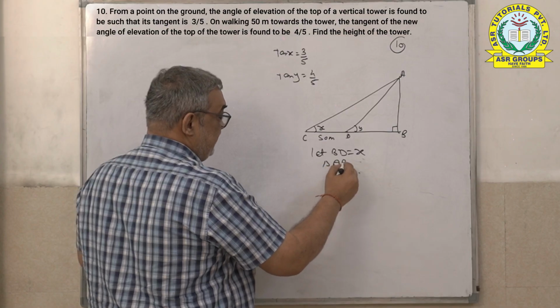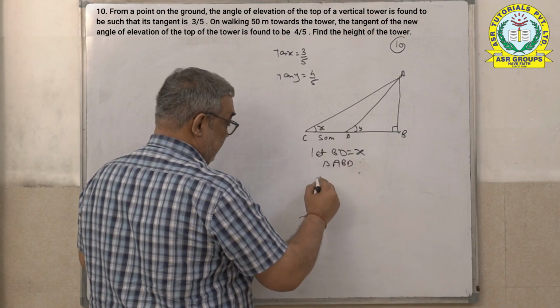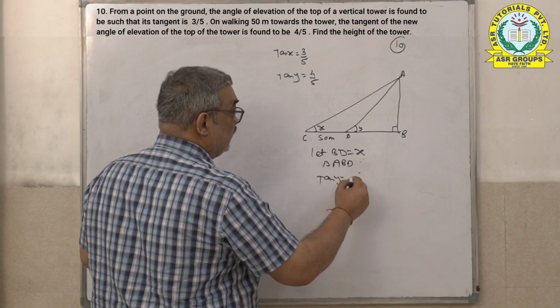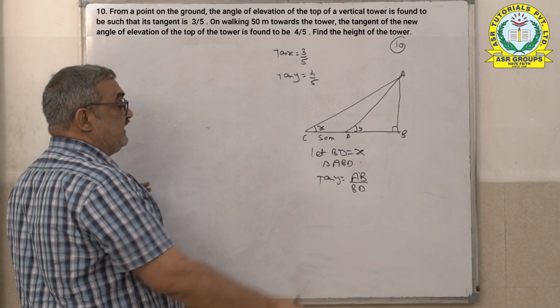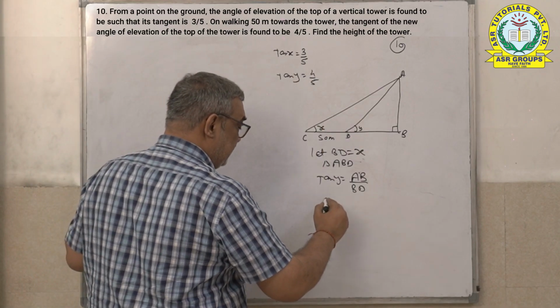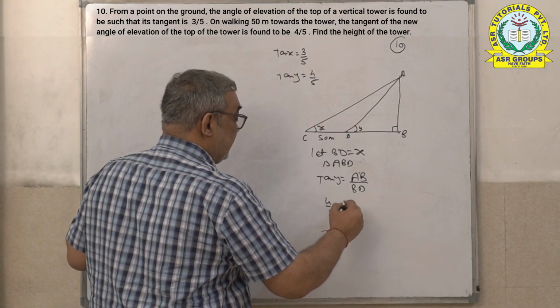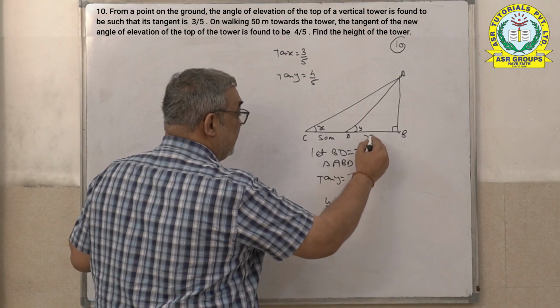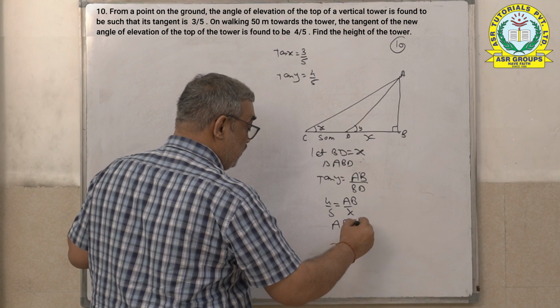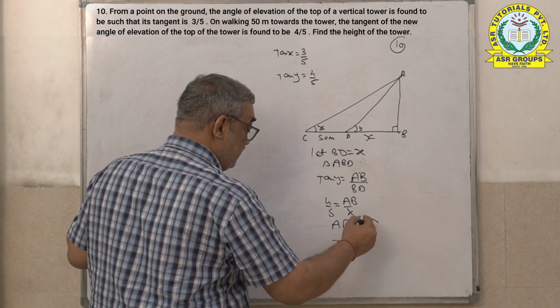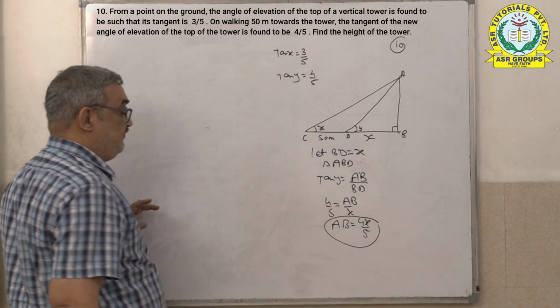In triangle ABD, tan Y equal to AB upon BD. Tan Y is 4 upon 5. AB I don't know. BD I assume X. So, AB equal to 4x upon 5.